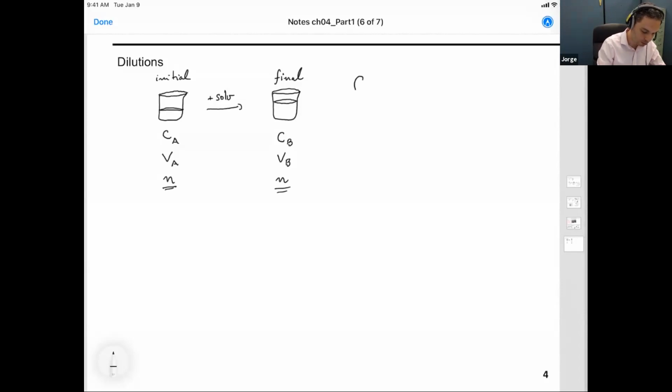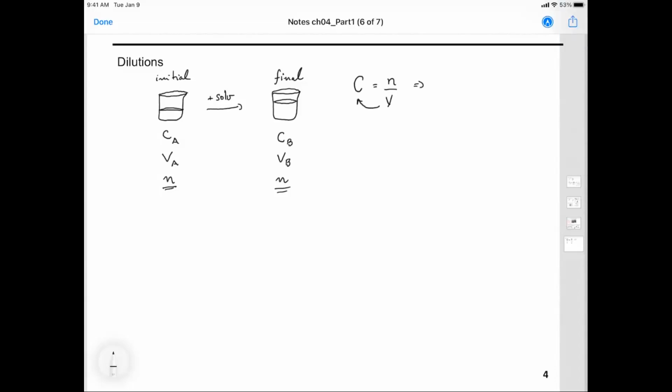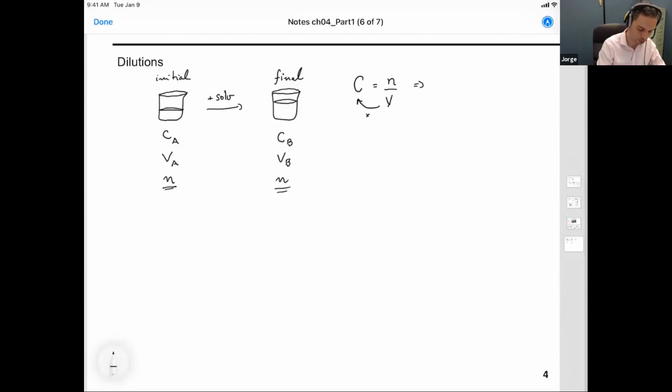We know that molar concentration is the ratio between number of moles over volume. To isolate the number of moles, I'm going to move volume to the other side, and that's going to multiply concentration, and we will end up with number of moles equals concentration times volume.